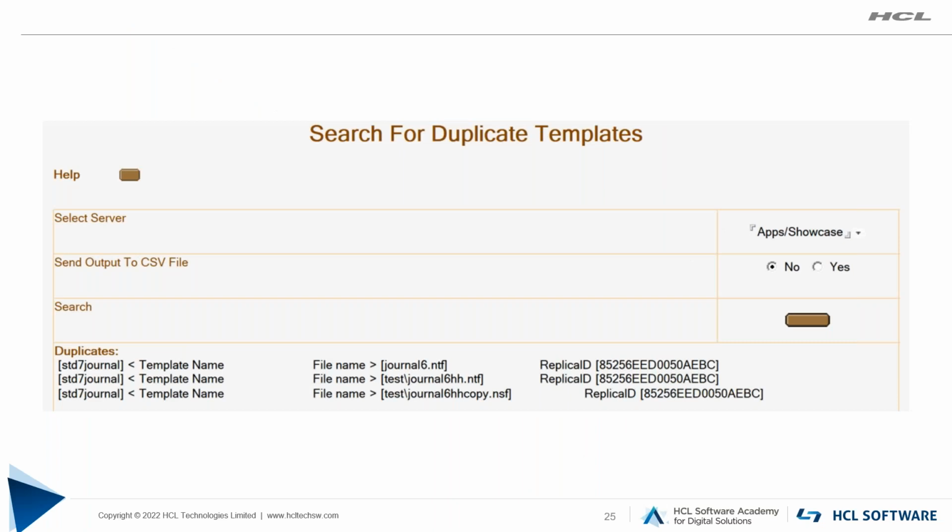Now, luckily, there's a utility here. It's the search for duplicate templates utility. And when you run this and click the search button, it gives you an output of where there are duplicates. In this case, I had 3 database objects that have all said that they were the standard 7 journal. And you can see here that their file names were NTF, NTF, and NSF.